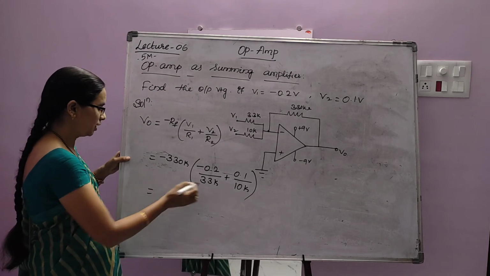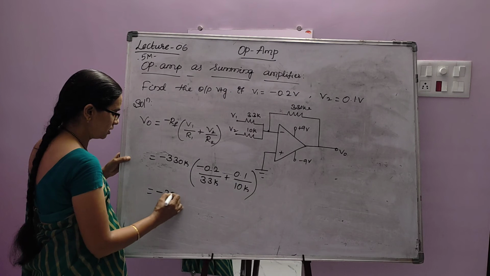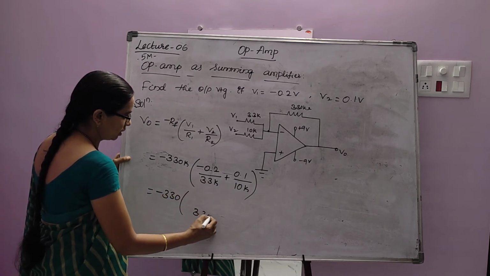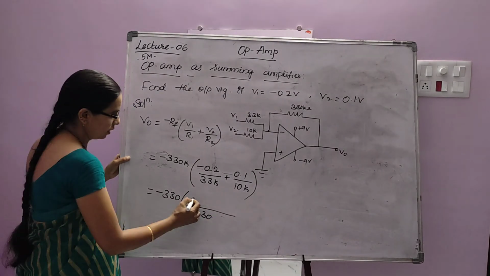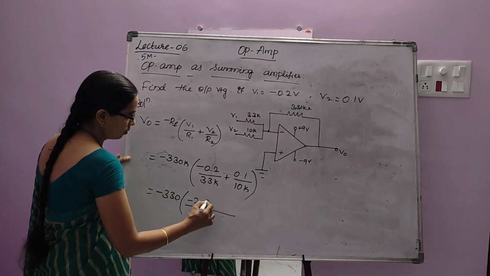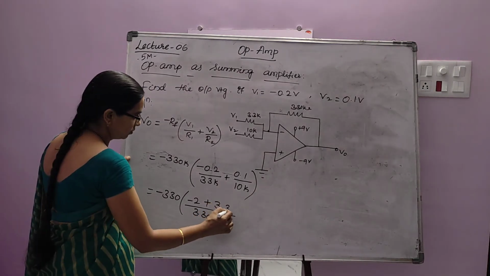If I take kilo common, 1 by kilo gets canceled, minus 330. 330 will be the LCM. It will be minus 2 volt plus 3.3.